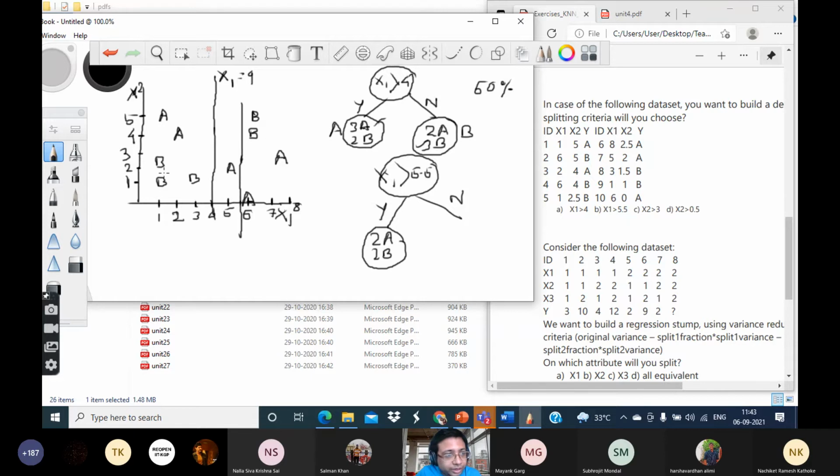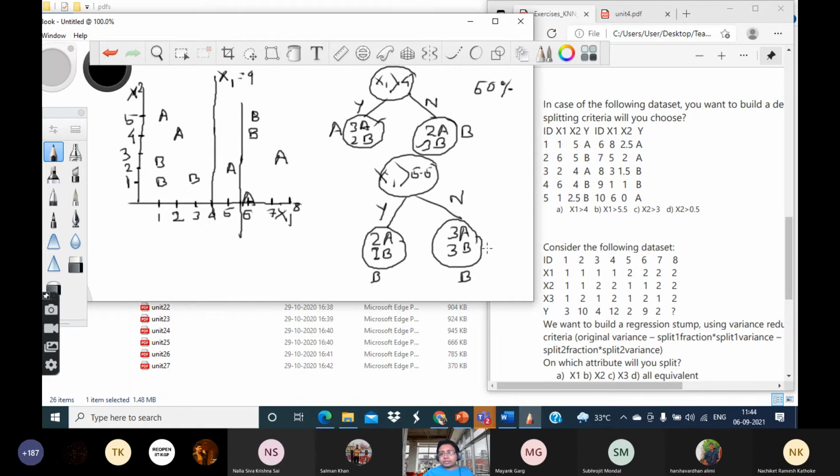And on this side I am getting 3A, 3B. So in neither of the cases is there any modal label. So I have to randomly choose. Both of them have equal frequency. I randomly choose one. Let's say in this case I get B, and again here also I have equal frequency. I again choose one of them randomly, and let's say in this case also I get B. So whatever is the case, I am going to end up predicting B.